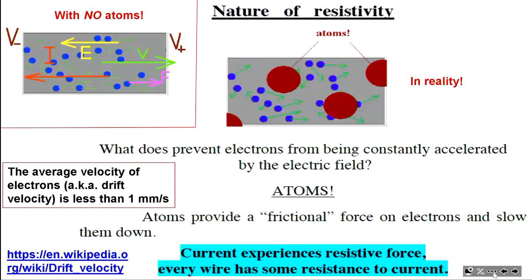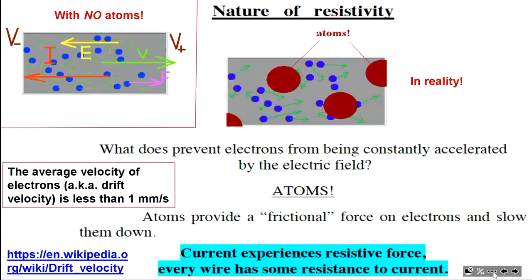Electrons travel on average as a combination of back and forth, back and forth. So this phenomenon has a name, resistivity. And of course, that property depends on the material. There are big atoms, there are small atoms.